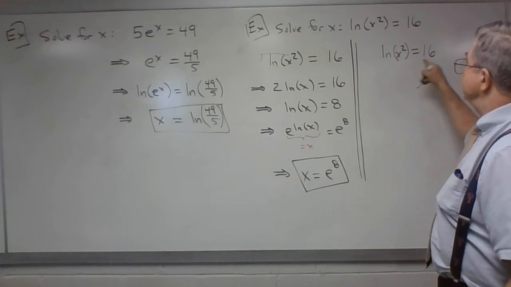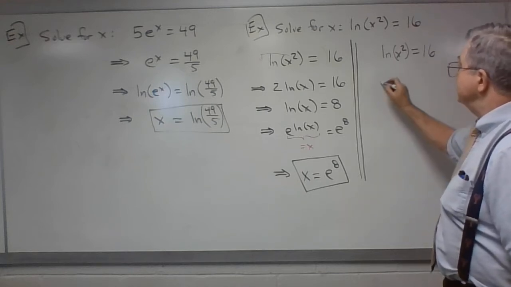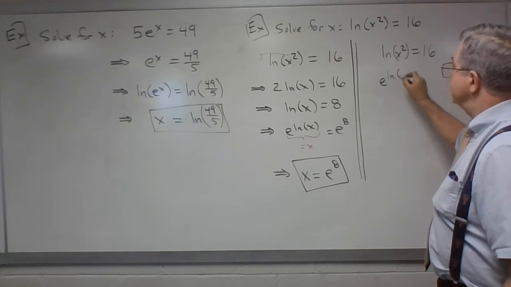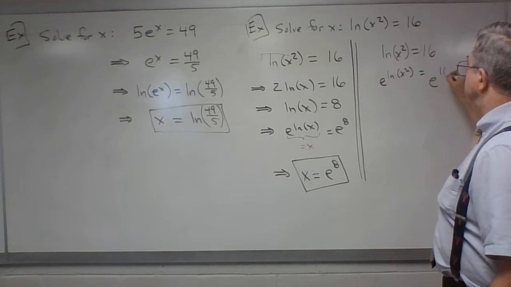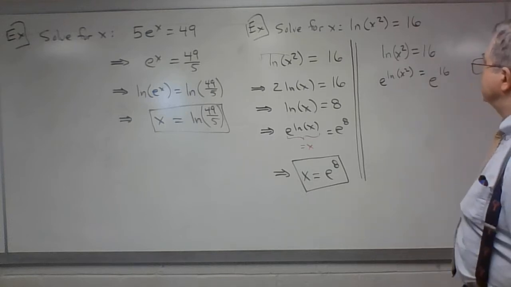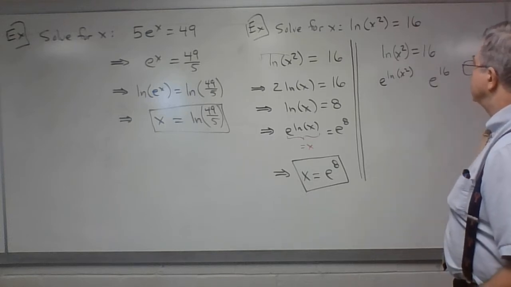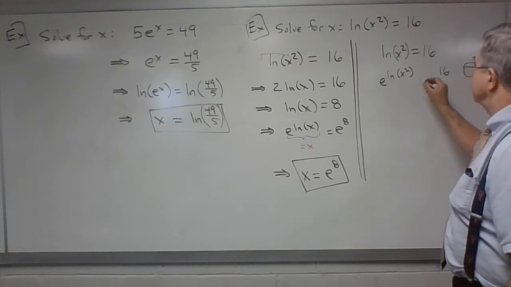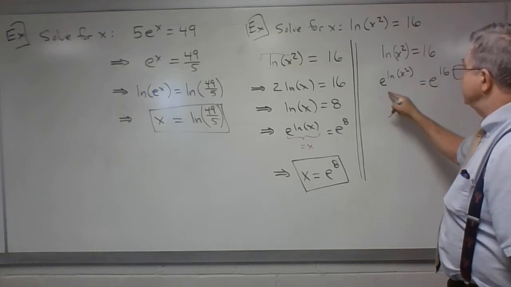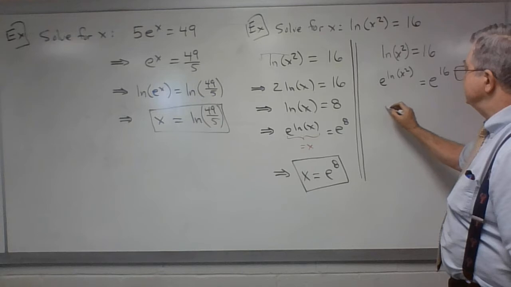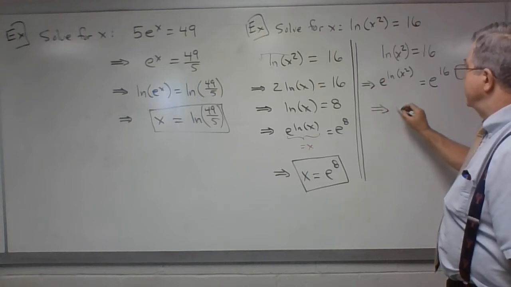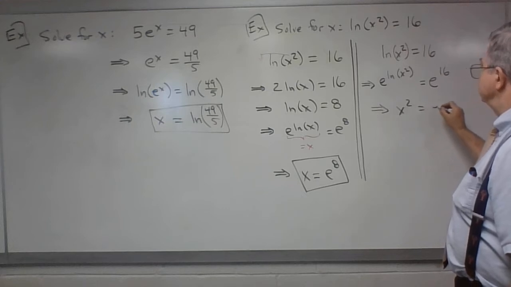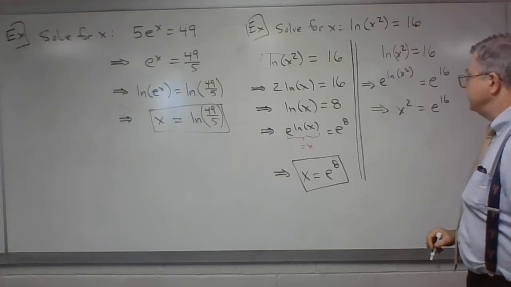I'll use both sides of the equation as the argument of the exponential function. And e and natural log undo each other. And I get x squared equals e to the 16th.